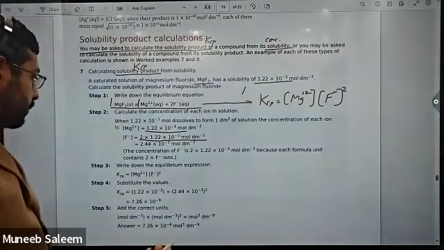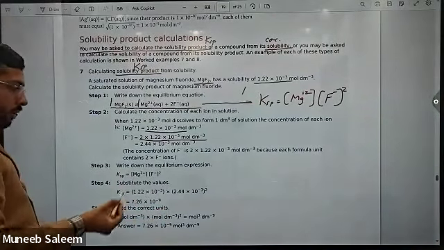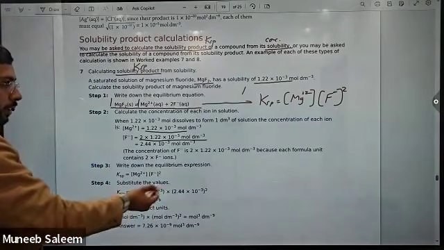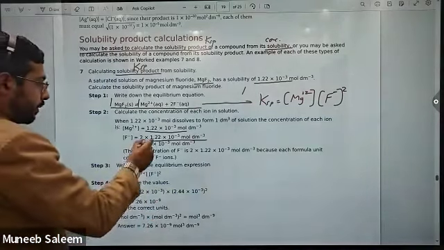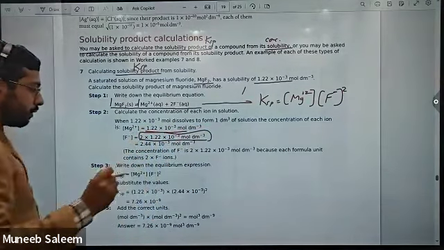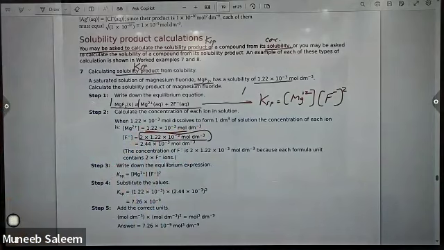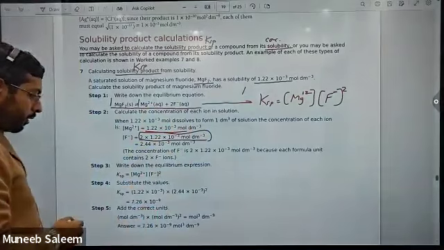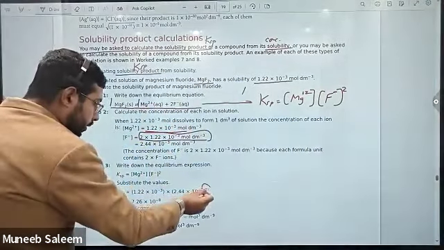After that, we will substitute the values. For magnesium, we have the same value, but for fluoride ion, we have basically multiplied as it was done here. We had to multiply the concentration of fluoride by 2, but the same value is also squared.